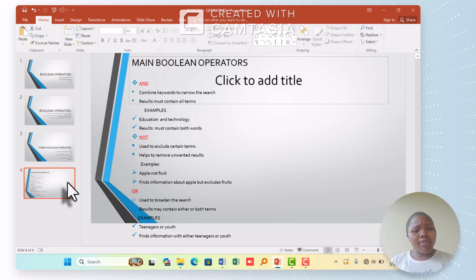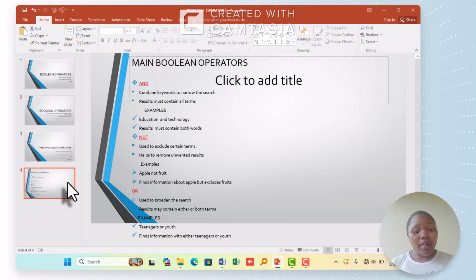So we also have not, which is used to exclude certain terms. You can use not to leave out other non-important terms in your search work, because it helps to remove unwanted results.